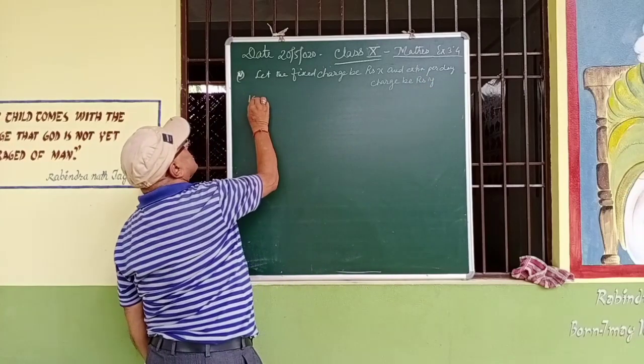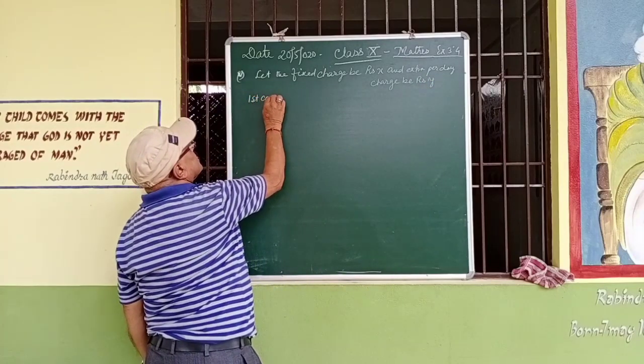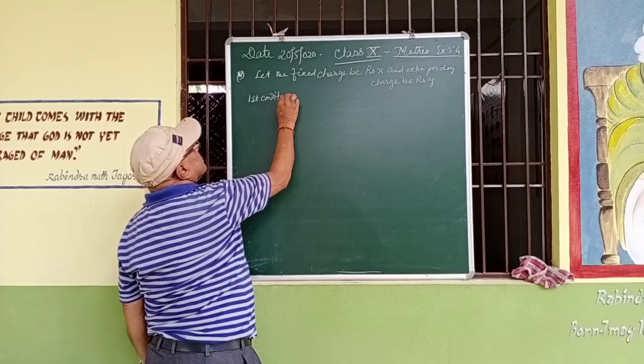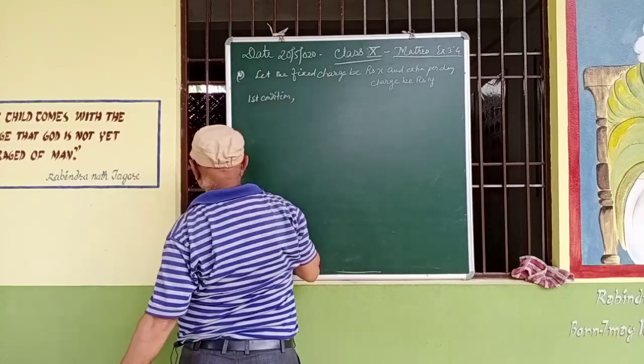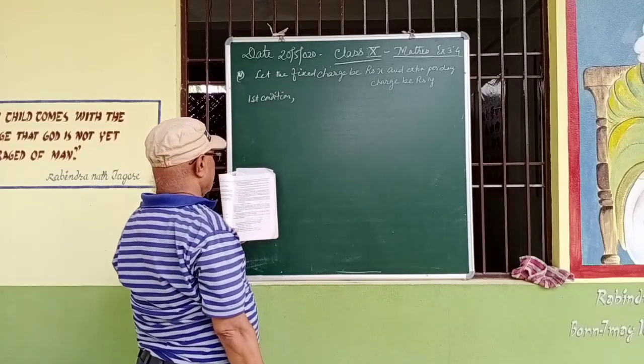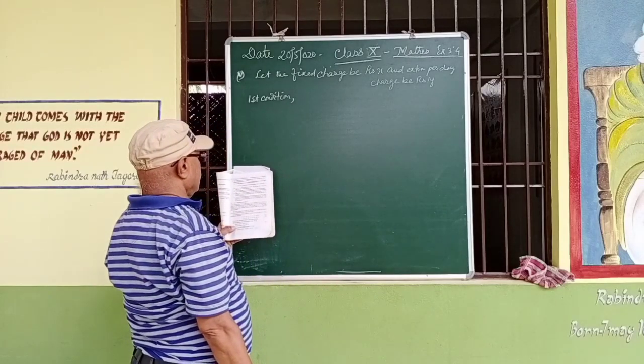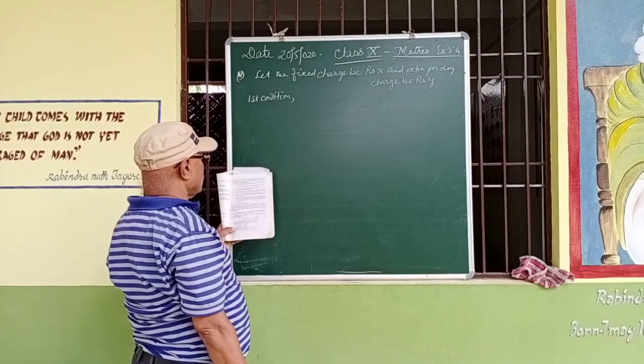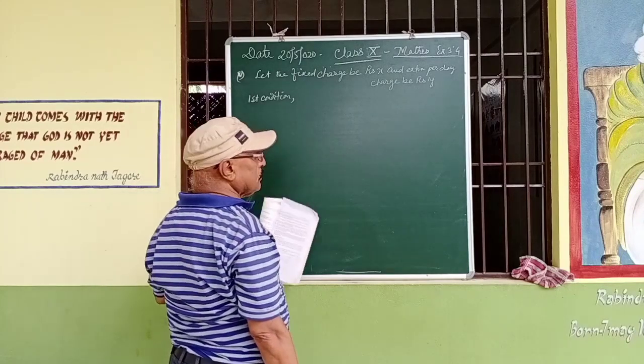The first condition, Sajita paid rupees 27 for a book kept for 7 days.